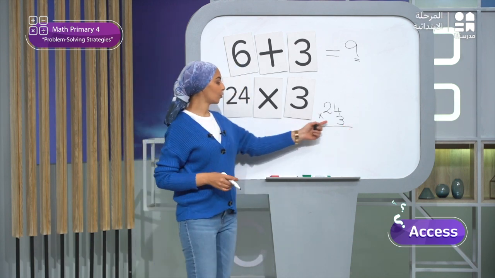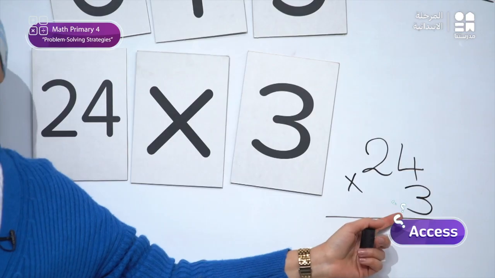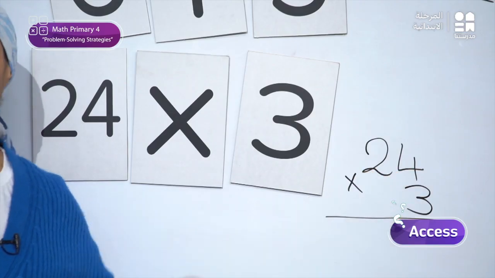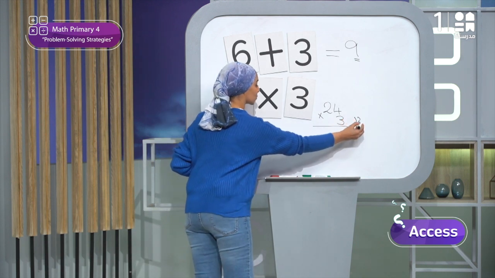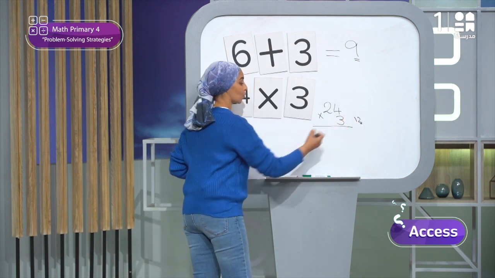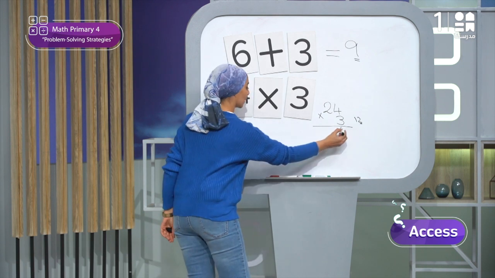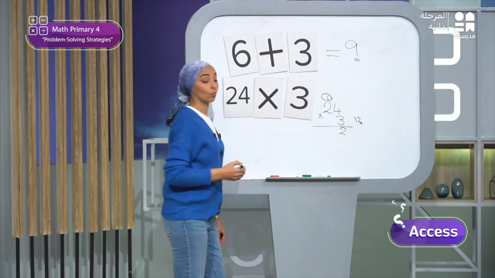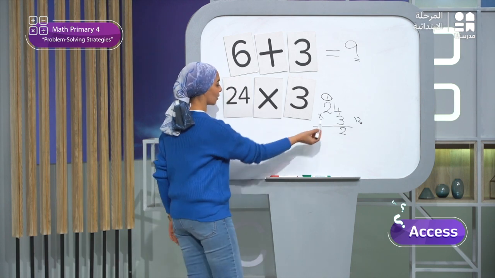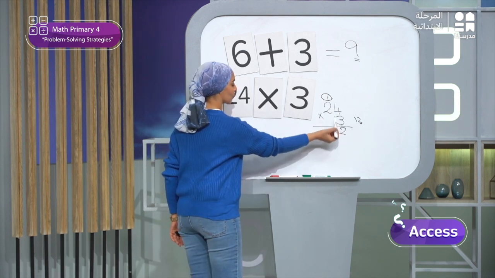First of all, I will start with the ones. So, 3 times 4 equals what? We all know that 3 times 4 equals 12. 2 is the ones, so I'll put 2 down, and 1 is the tens, so I will carry 1. Then, what should I do? Of course, I will multiply 3 by the tens.